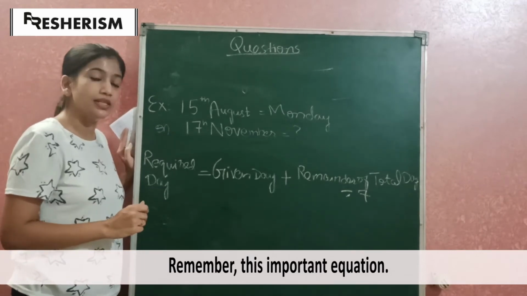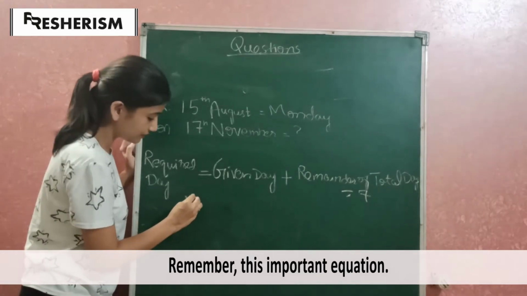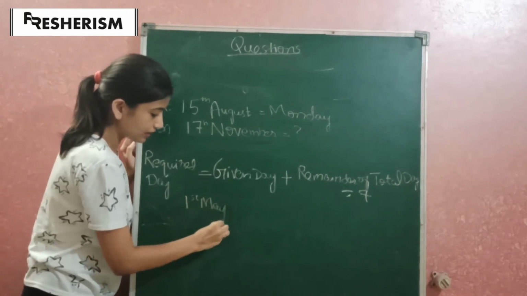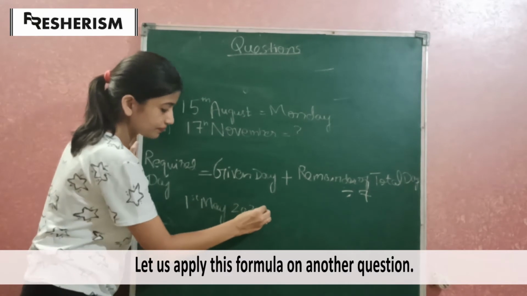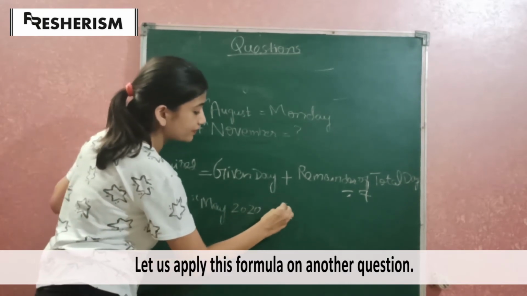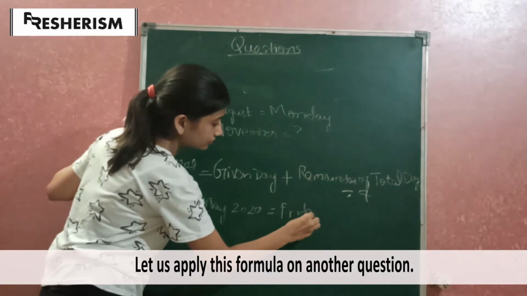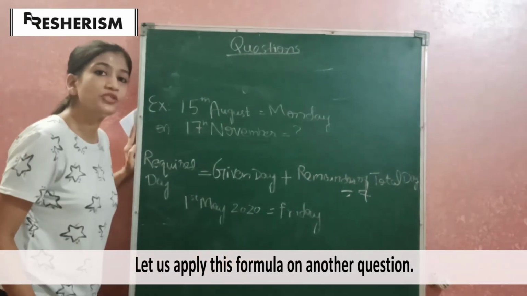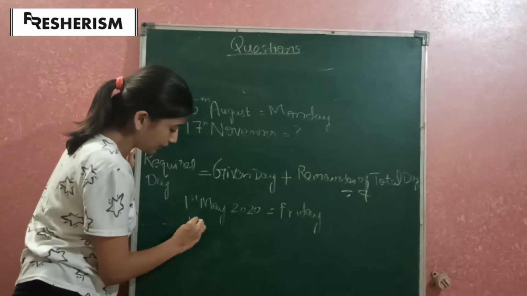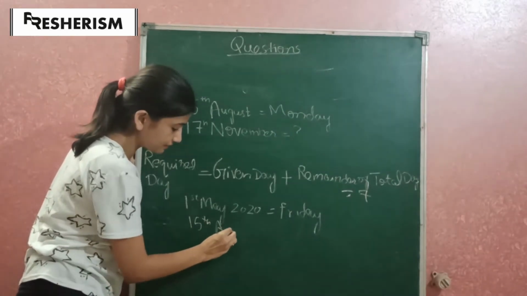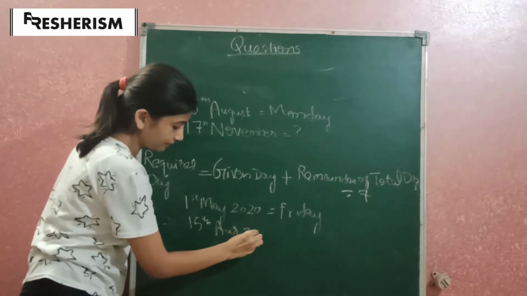In 2020, let's say the 1st of May 2020 is Friday. You can check out the calendar. And the question is, what will be the day on 15th of August 2020?